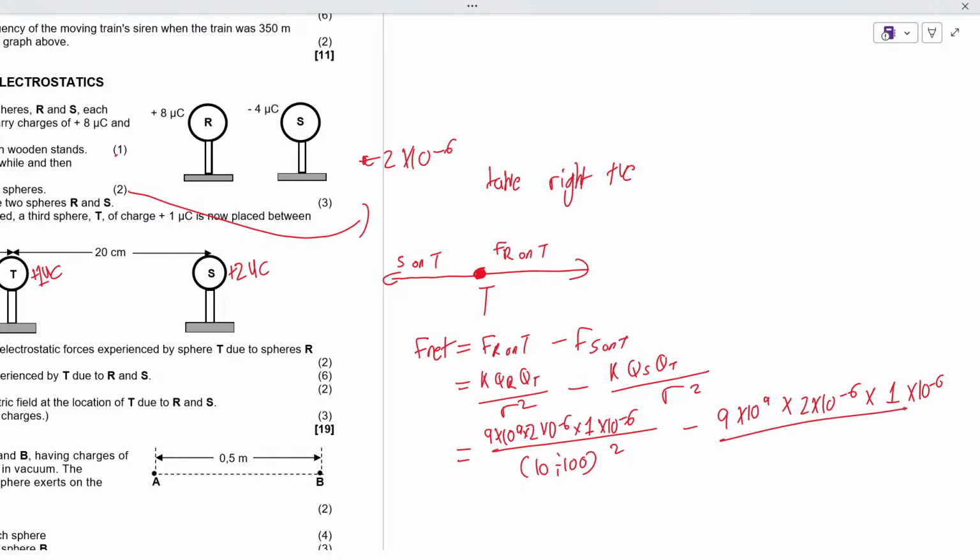And to Rachel Mela who just joined, what you must note is that this micro symbol, which looks like a U, represents 10 to the power negative 6. So that's why you see us switching like this.